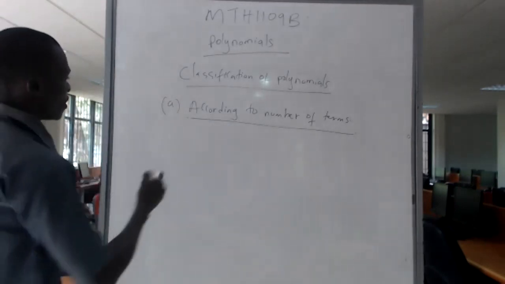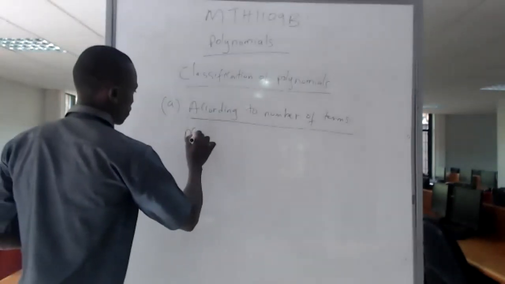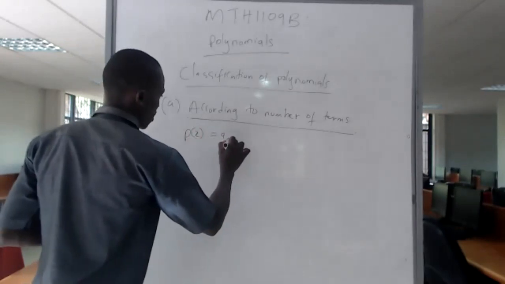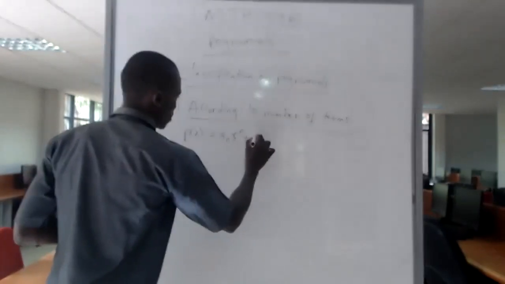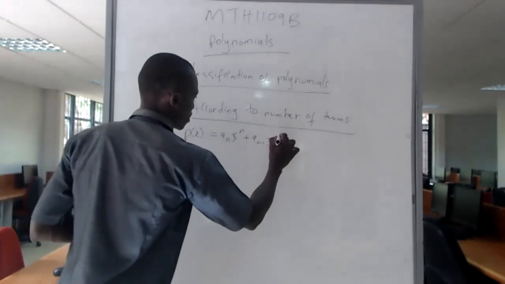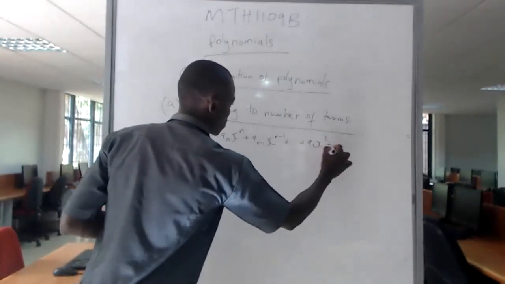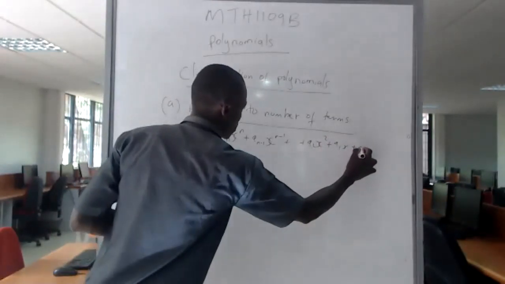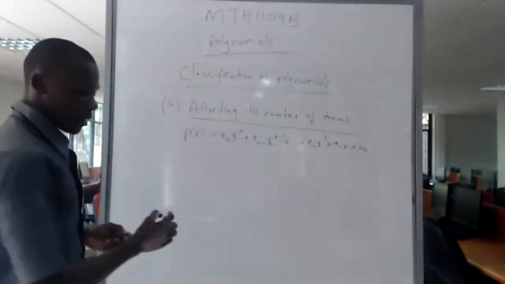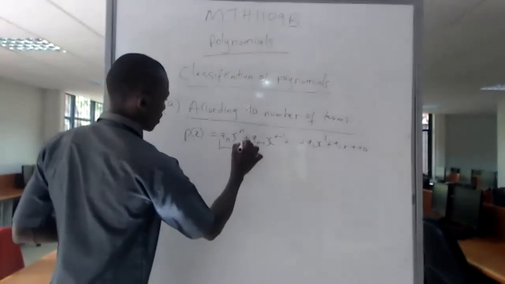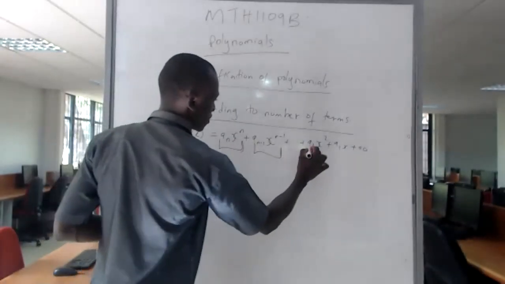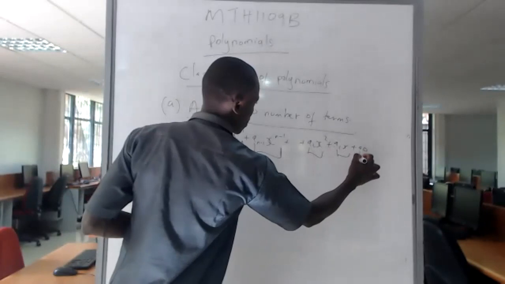No problem. So we are saying a polynomial is any expression of this form: a_n x to the n plus a_(n-1) x to the n minus 1, all the way to this guy. So the terms are these. These are the terms. This is a term. This is a term. This is a term. That's a term. That's also a term.